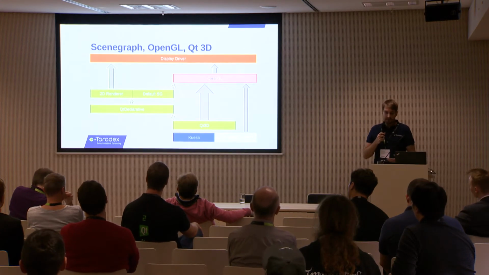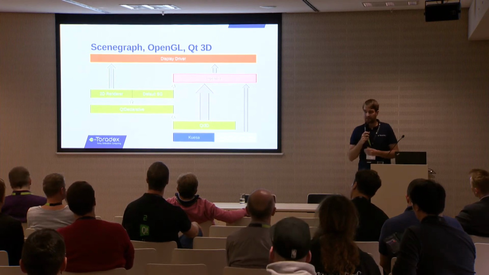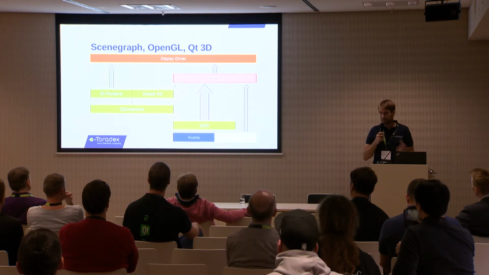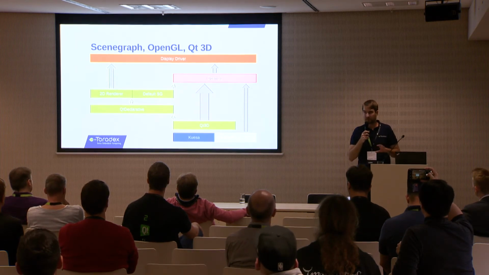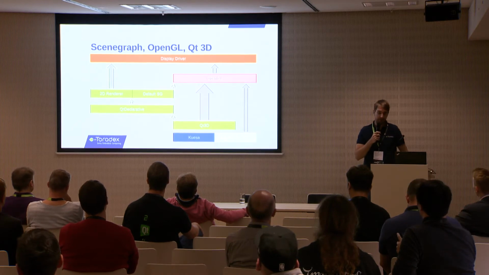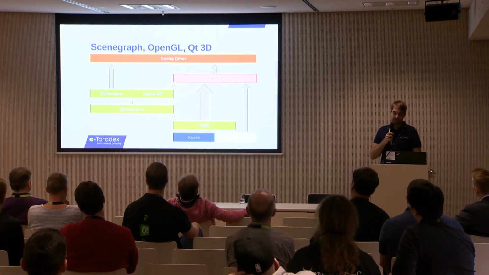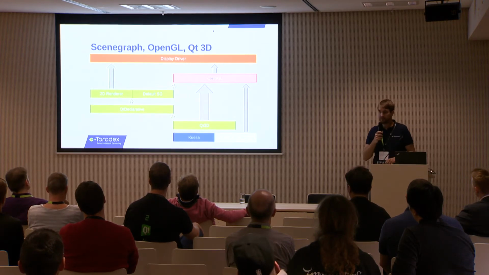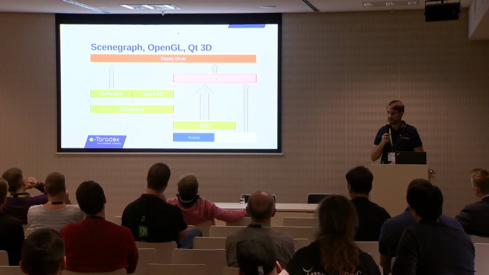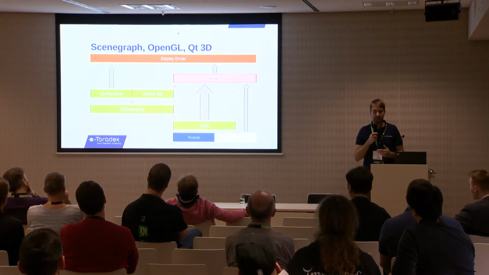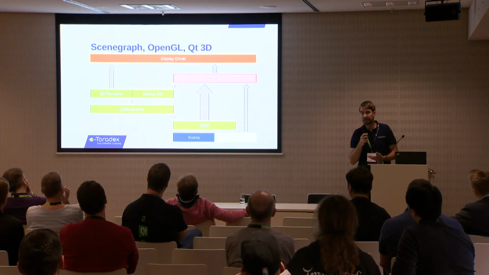The other thing I didn't fully understand when I prepared this talk is how these components of Qt are related. Every embedded device that allows you to attach a display has a display driver, even the devices that don't have any GPU.